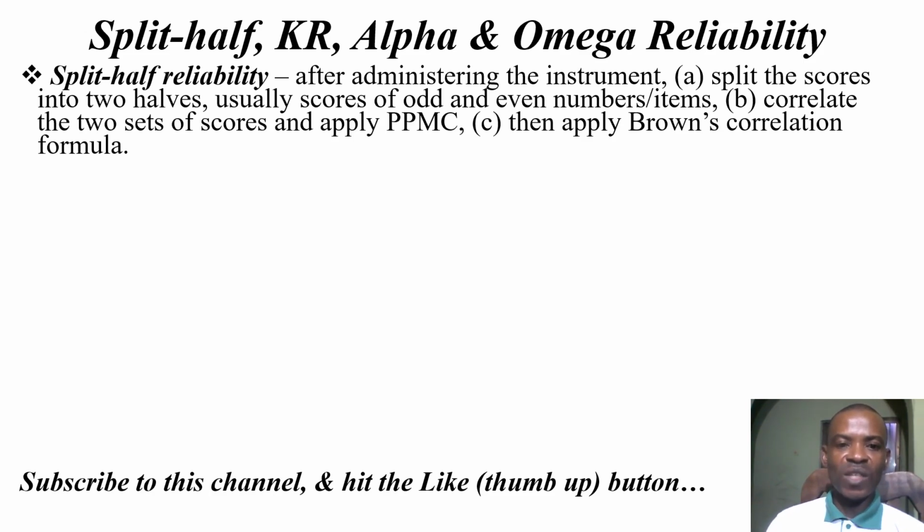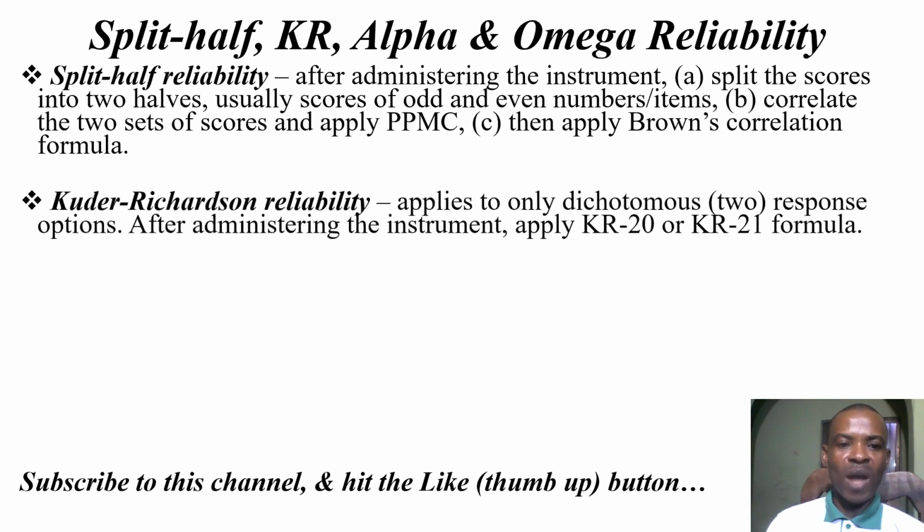So, having seen the split half, another among the internal consistency reliability is the Kuder-Richardson reliability. This is applied only to dichotomous response options, that is, instruments that have two response options such as yes or no, agree or disagree, 1 or 2, as the case may be. You may even have test items used to measure students' performance, that is, an objective test.